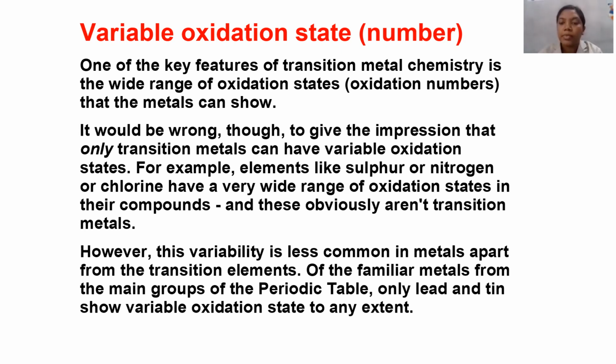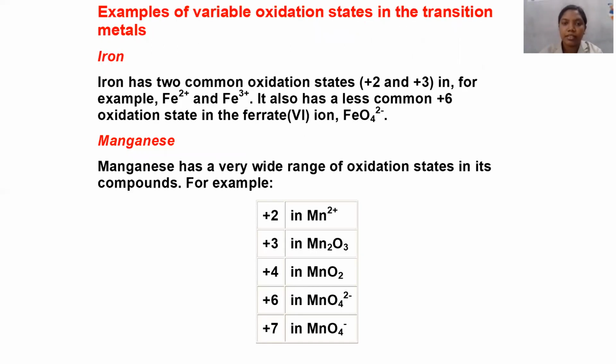For example, elements like sulfur, nitrogen or chlorine have a very wide range of oxidation states in their compounds, and these obviously are not transition metals. However, this variability is less common in metals apart from the transition elements. Of the familiar metals from the main groups of the periodic table, only lead and tin show variable oxidation state to any extent.